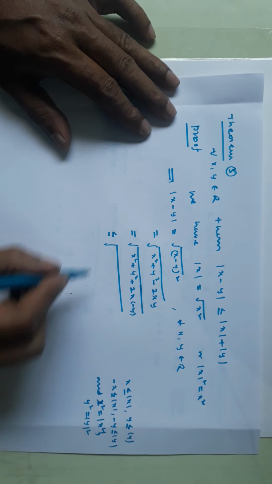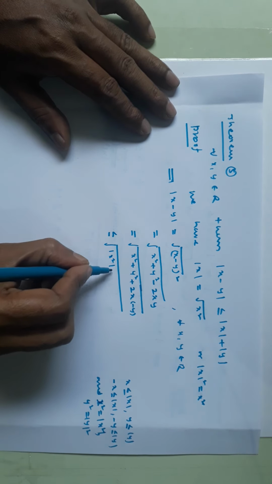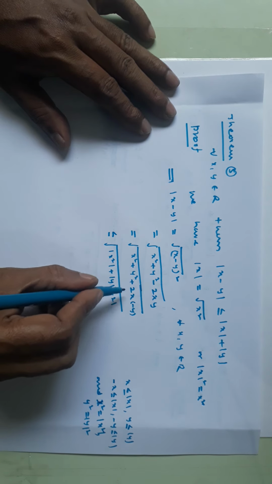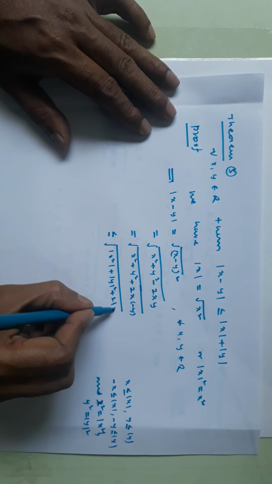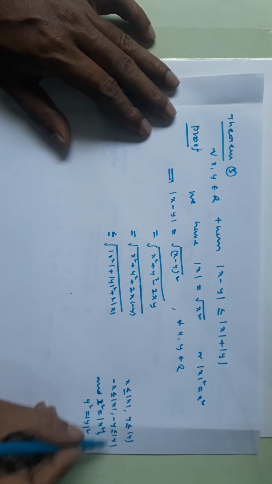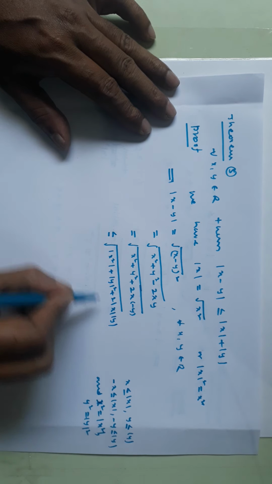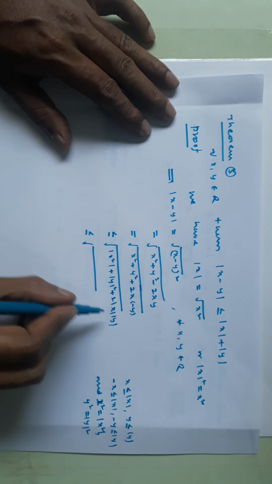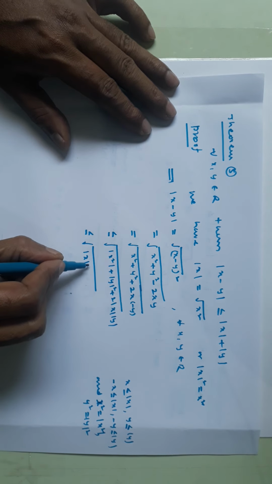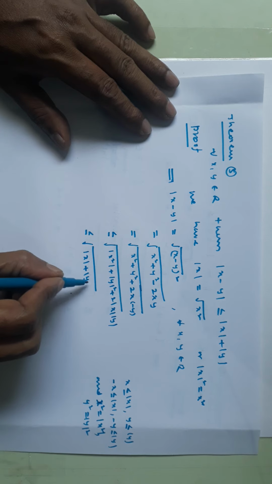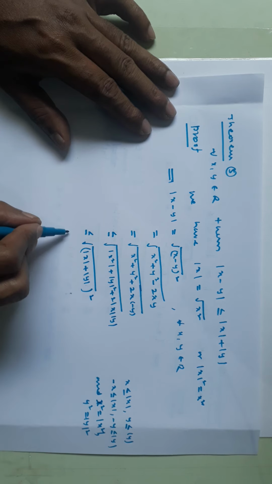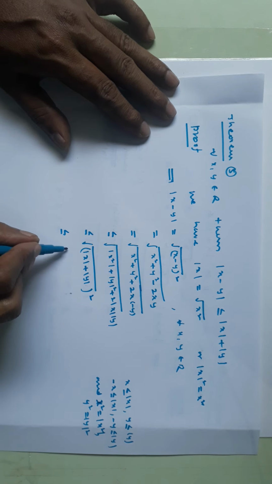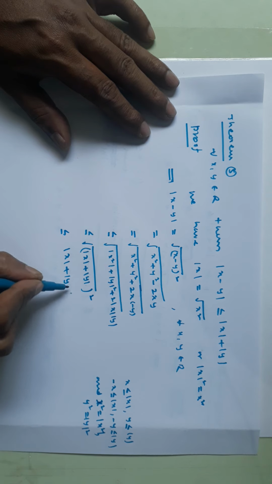So I will write now mod x square plus mod y square plus 2 into x, which is less than or equal to mod x, and even minus y also less than or equal to mod y, is less than or equal to a square plus b square plus 2ab, which is a plus b whole square. It is mod x plus mod y whole square. So cancelling the root and square, it is only mod x plus mod y.